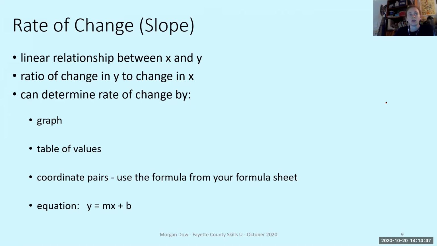And so the way that we talk about the amount of change is we make a ratio of the change in y to change in x. And that is what slope is. Another way you can think of slope is that it's a measurement of the steepness of the line that you're making.